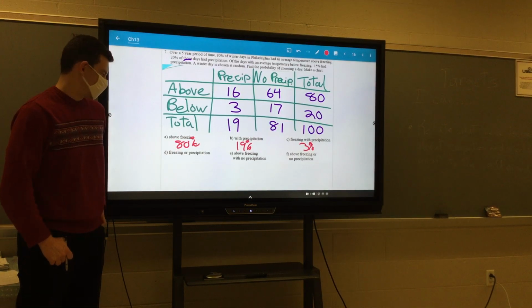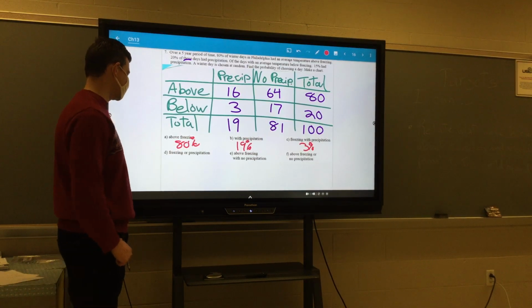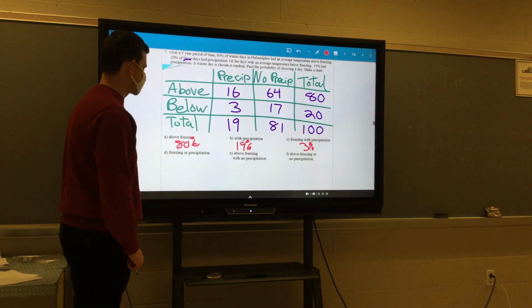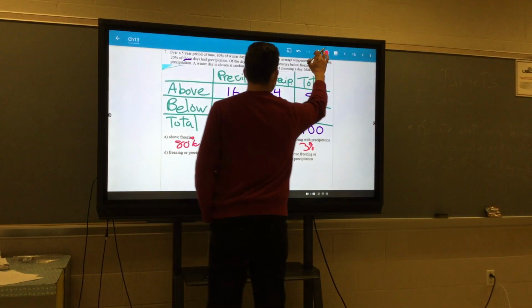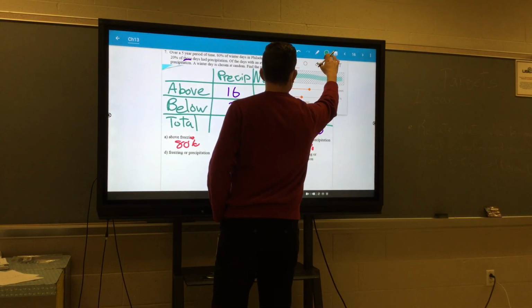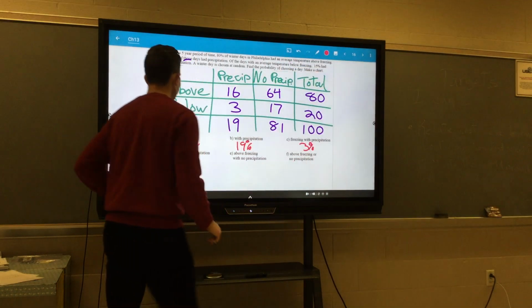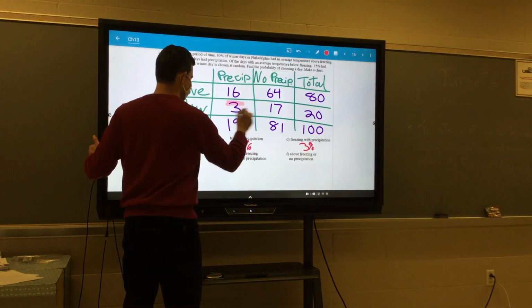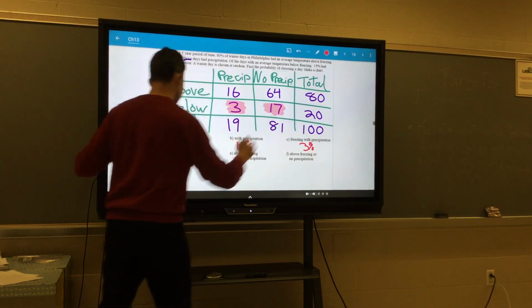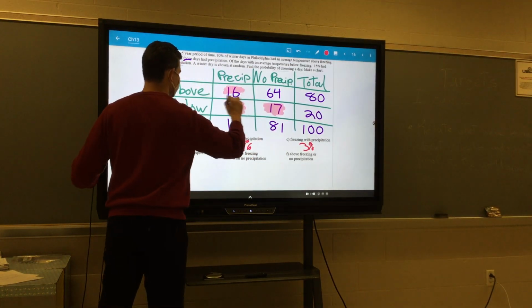Here's that word or. Percent of the days freezing or with precipitation. Well, a freezing day, below freezing, or precipitation.